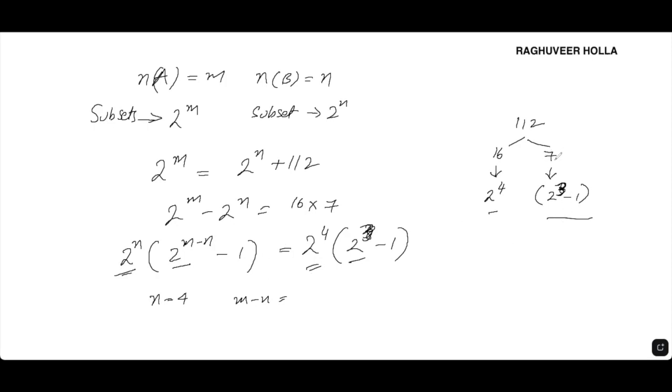So 7, which is 2 cube minus 1, which is 7, right? So this is 3, right? So m minus n, so this will result in m as 7. In the question it was asked, what is m multiplied by n? So that is 7 multiplied by 4, which is equal to 28, is the best answer.